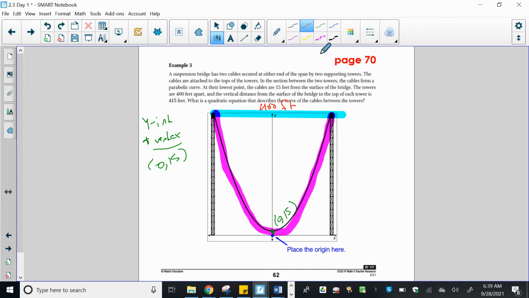So what they're trying to do is help us with some more points. If it's 400 feet all the way across, then just half of it in here, that would be 200 feet going this way. And same deal, 200 feet going this way.